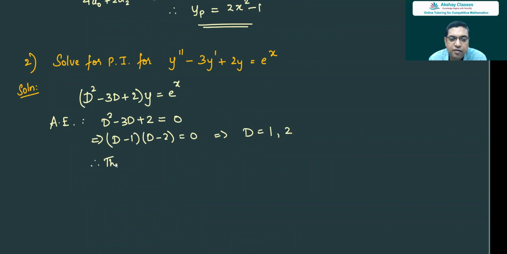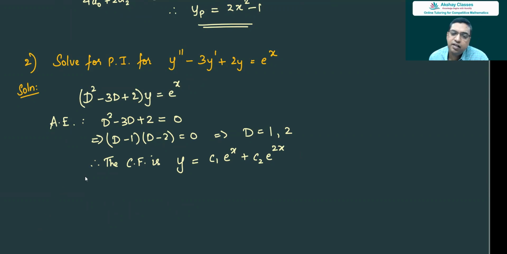Therefore, the complementary function for the homogeneous part is y equals c1 e^(m1 x) plus c2 e^(m2 x).